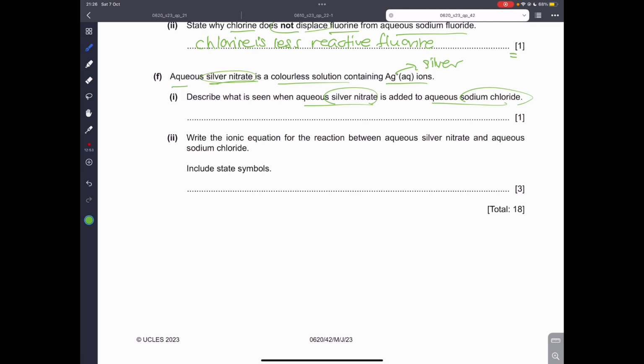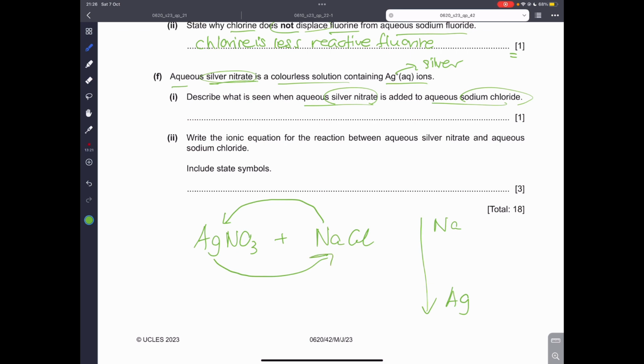So this is another double displacement reaction, because when you react silver nitrate with sodium chloride, we know that in the reactivity series, sodium is more reactive than silver. So silver is less reactive than sodium, so sodium is going to take place there, and silver is going to take place in sodium. So essentially this is called a double displacement reaction.